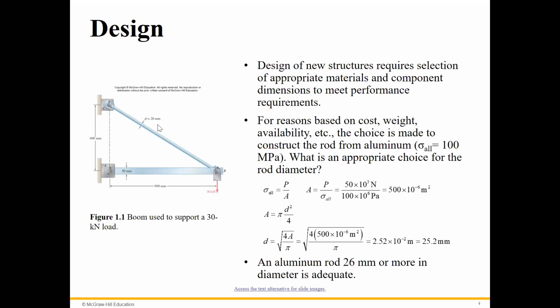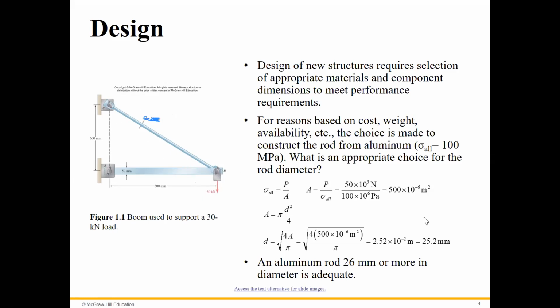But sometimes we have a problem like this, and in this problem, I think the textbook did something wrong here. There is no diameter. The diameter for B is not given, right? So for example, we have this structure, and we don't know the cross sections, and the purpose is to find the cross sections, to find the diameter.